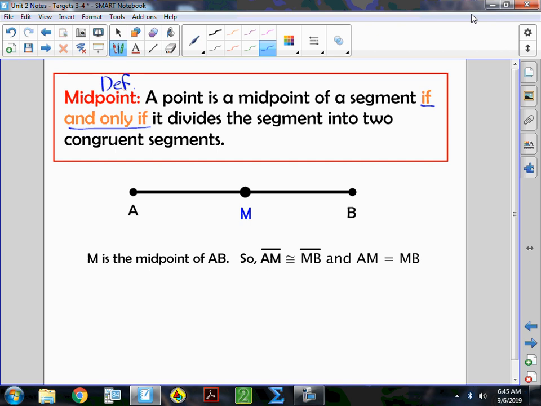A biconditional statement is a statement that can be written in if-then form, where the original statement and the converse are true.